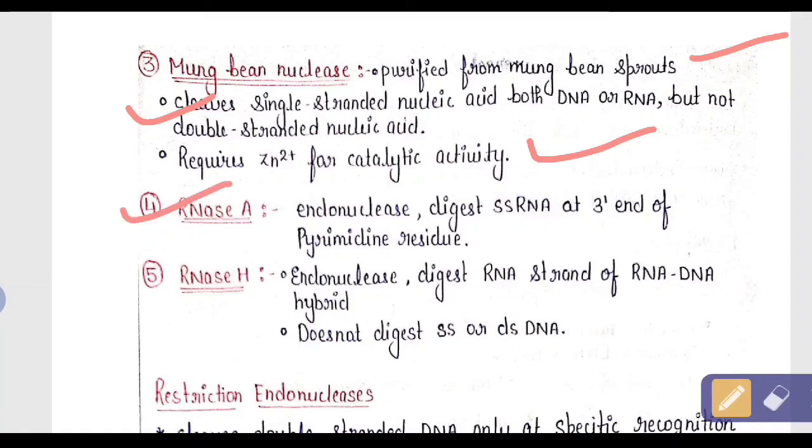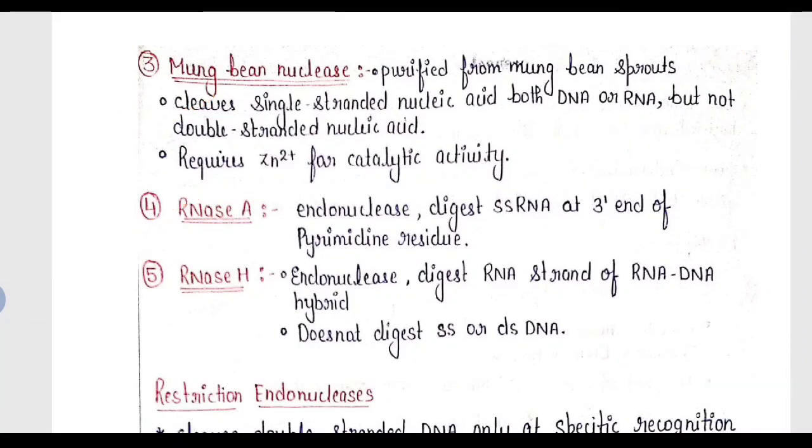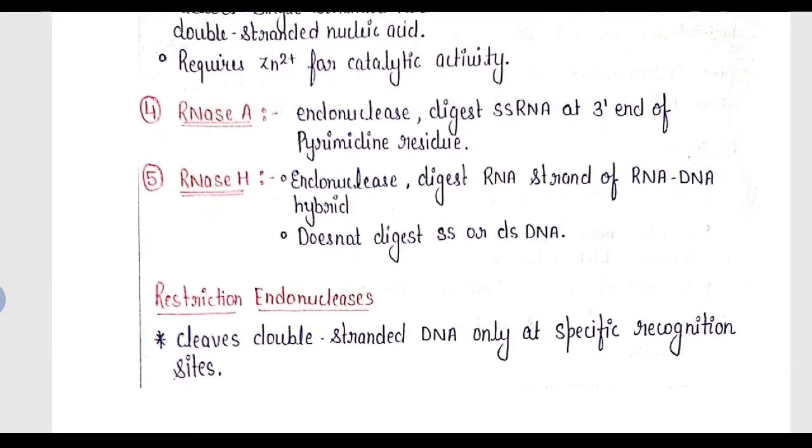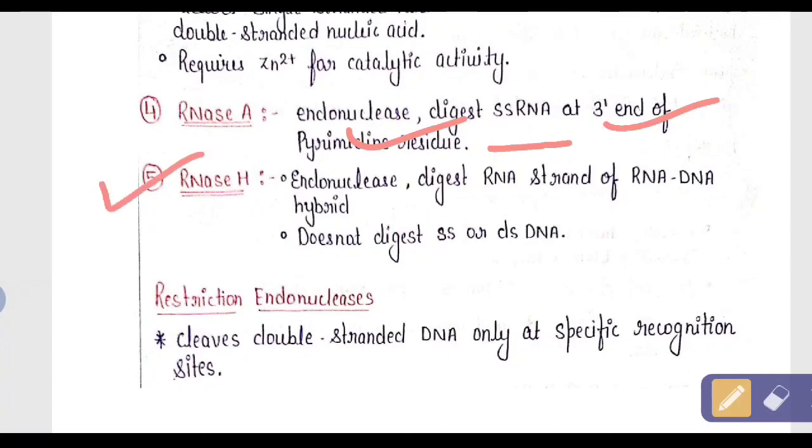Then we have RNase A. This RNase A is an endonuclease which is going to attack the single-stranded RNA, that too from the 3' of the pyrimidine residue. Then we have RNase H, which is also an endonuclease, and it is going to digest the RNA strand of the RNA-DNA hybrid.